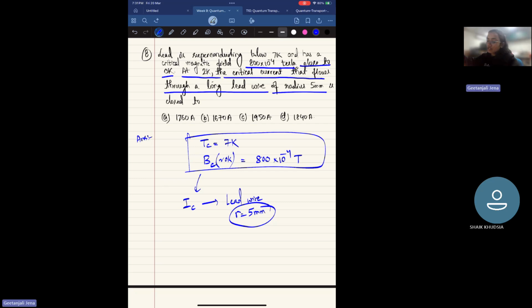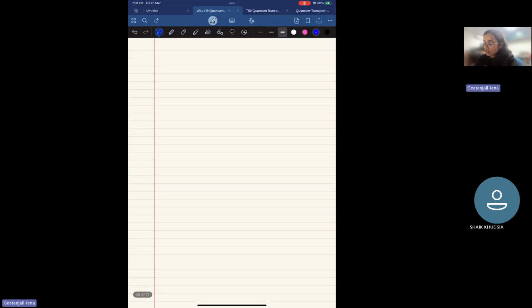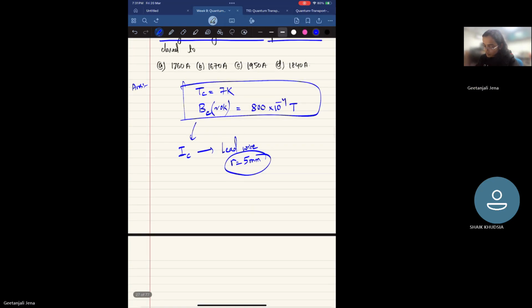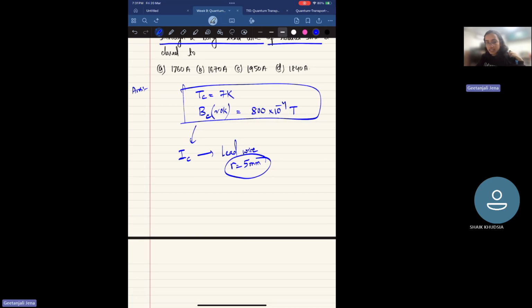Okay, let me show you the steps. Before that, let us see some of the concepts. Similar to the critical temperature and critical magnetic field, if you have a current I less than Ic, then it behaves like a superconducting state. And for current I greater than Ic, we have a normal state.